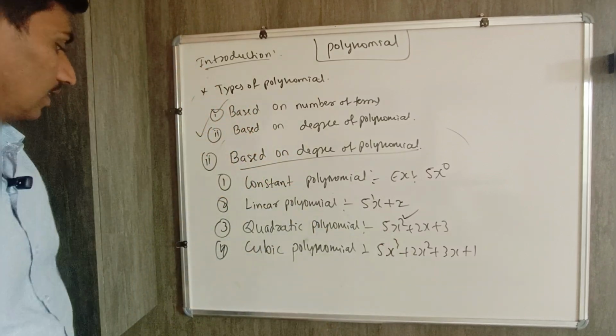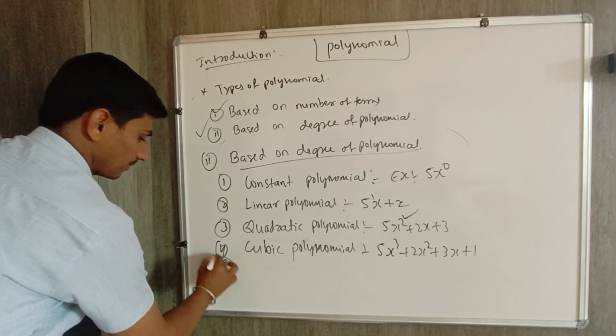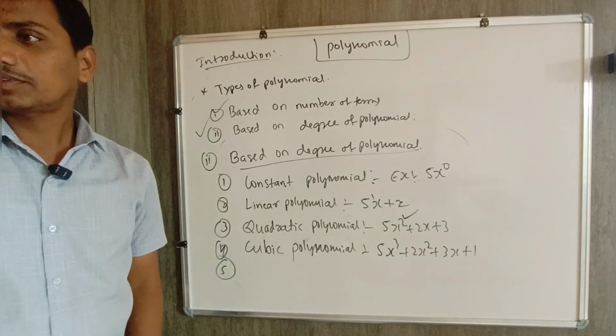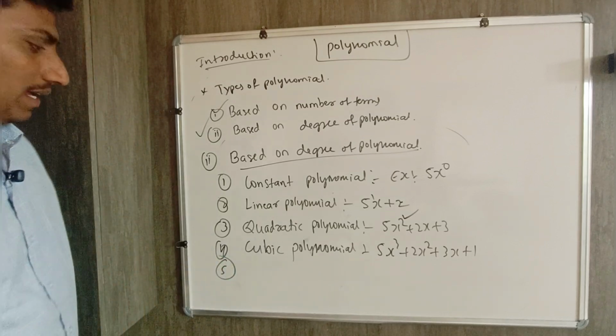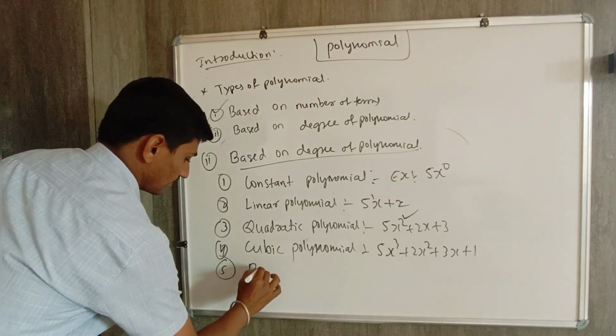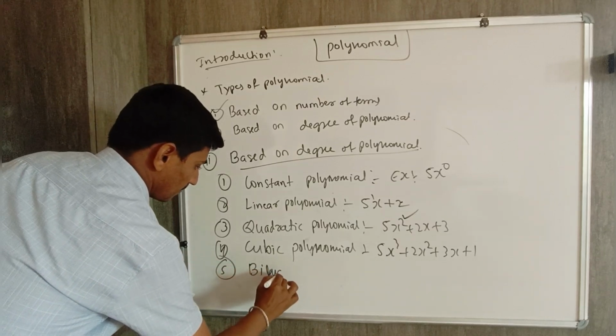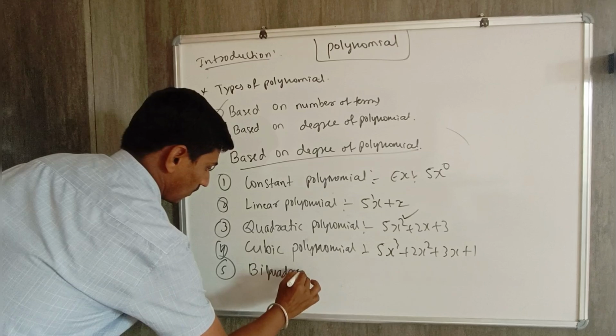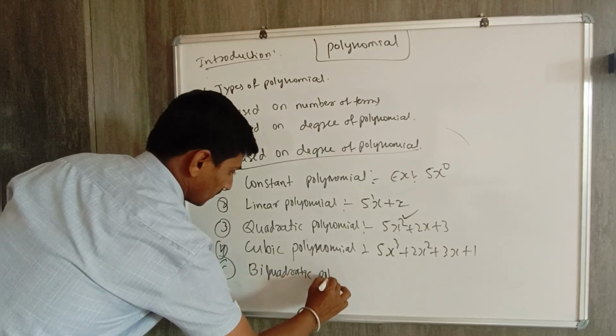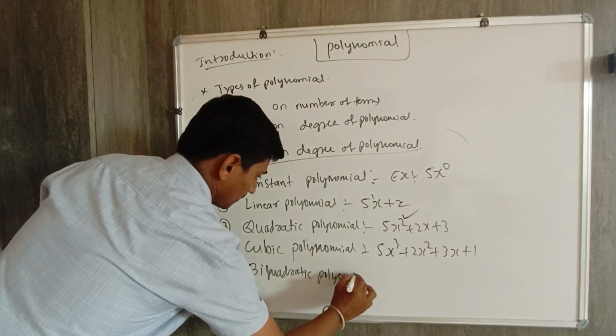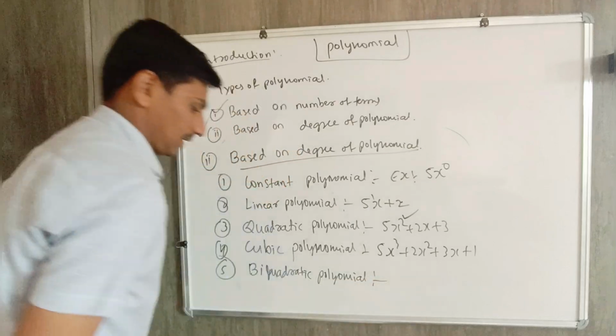And the fifth one is the biquadratic polynomial.